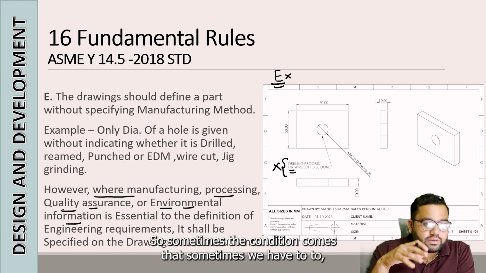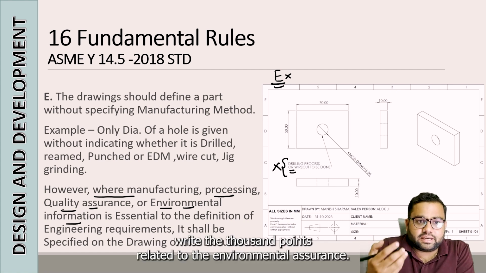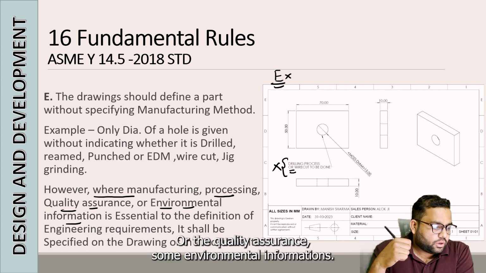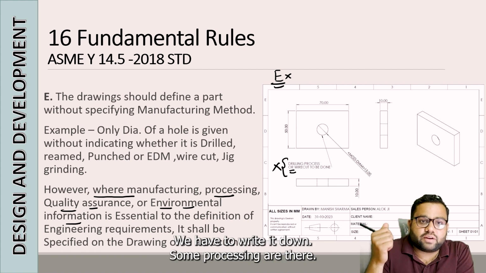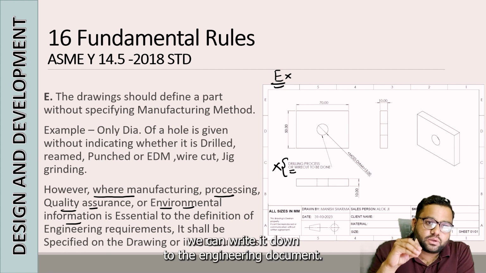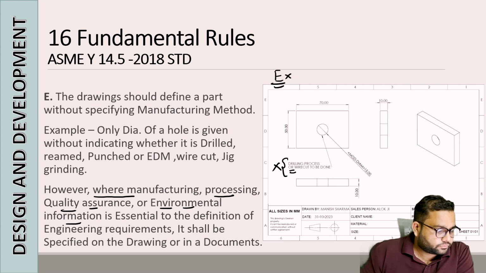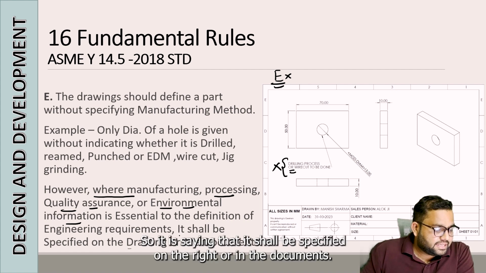So sometimes we have to write down some points related to environmental or quality assurance, some environmental information, and some processing. Those important notes we can write onto the engineering document. It says that it shall be specified on the drawing or in the documents.